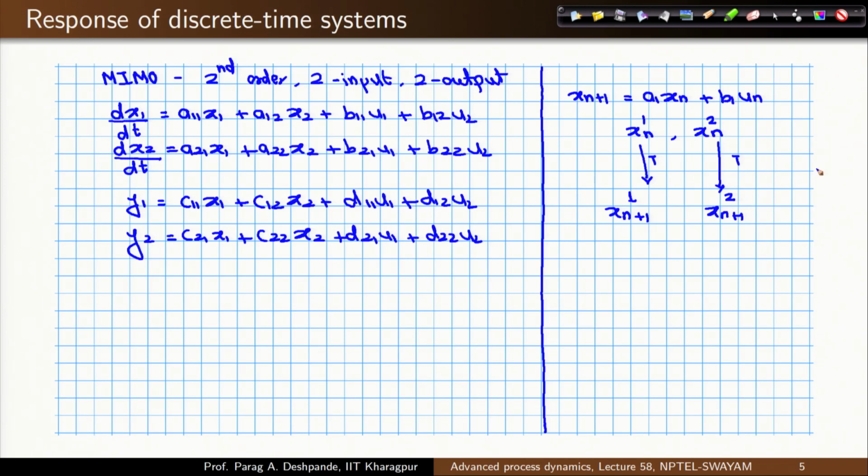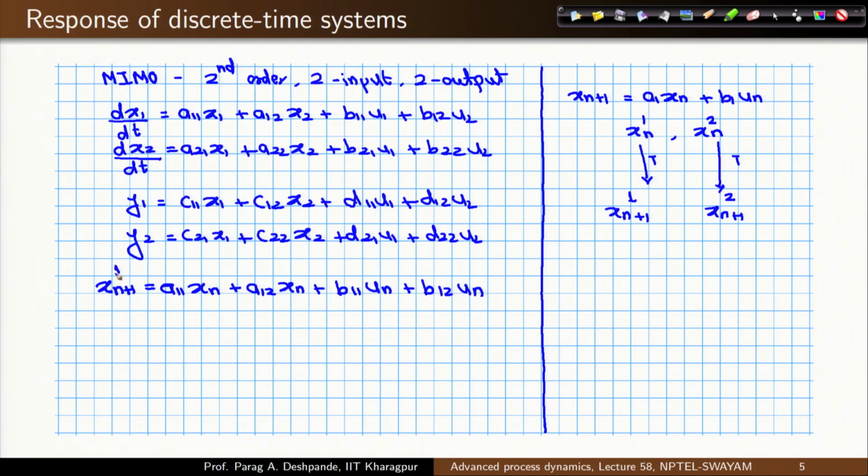So, therefore, what would be my discretized equations? I hope you are able to see this, that you will have x 1 n plus 1 is equal to a 1 1 x 1 n plus a 1 2 x 2 n plus b 1 1 u 1 n plus b 1 2 u 2 n, except that now you need to account for the indices corresponding to the variable.